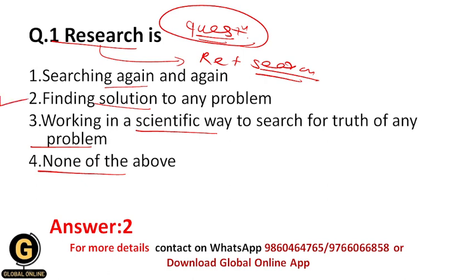Research is a scientific way, but we don't always find the truth of a problem. Sometimes we get wrong answers, and after the wrong answers we start our research again, and that's why the third statement is incorrect in terms of research. So it gets eliminated. The first statement also gets eliminated, and that's why the correct answer here is the second.